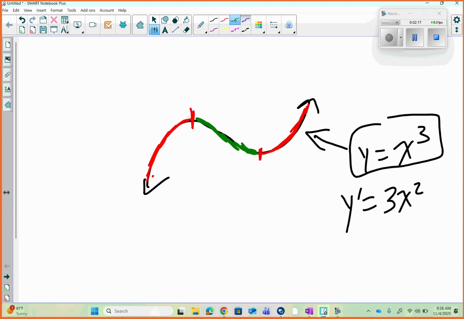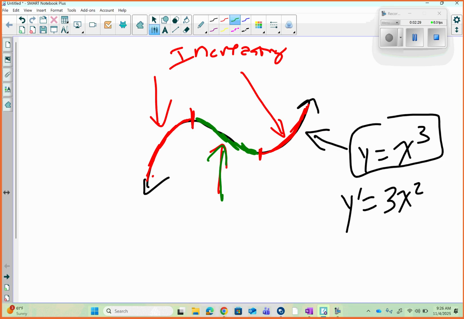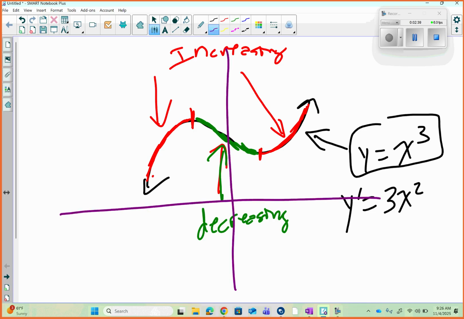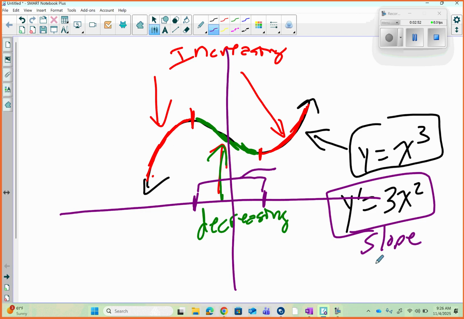Okay, so the red here and here is increasing, and the green right here is decreasing, which means that if I had the xy axis like this, and I were to take the values between here and here, these values in between, the derivative, which finds me the slope at a point, means that the slopes all the way through here would be negative slope, whereas the slopes here would be a positive slope.